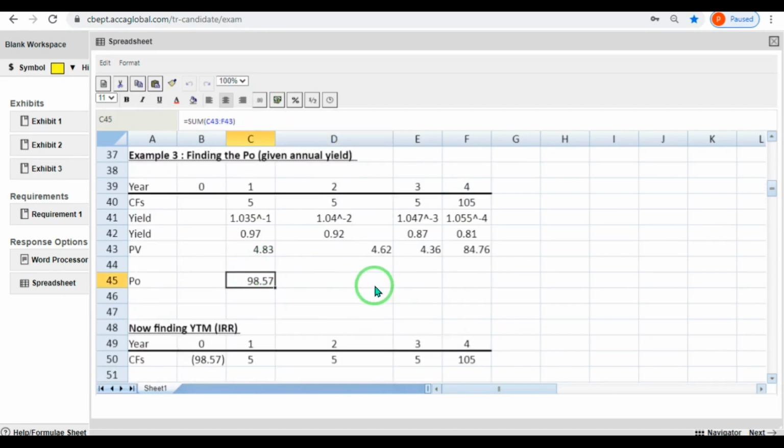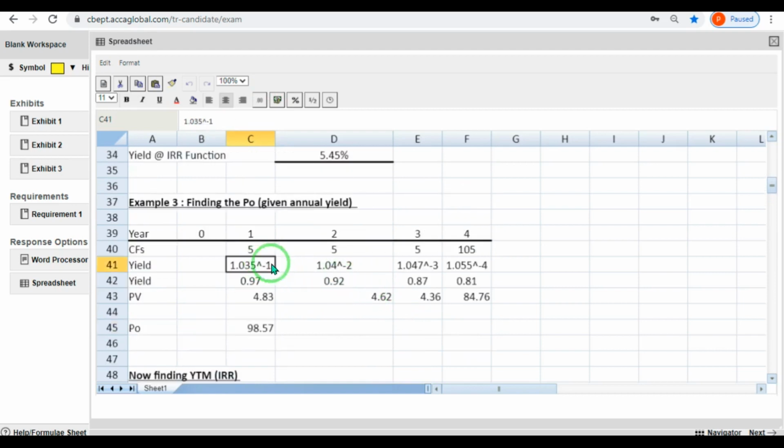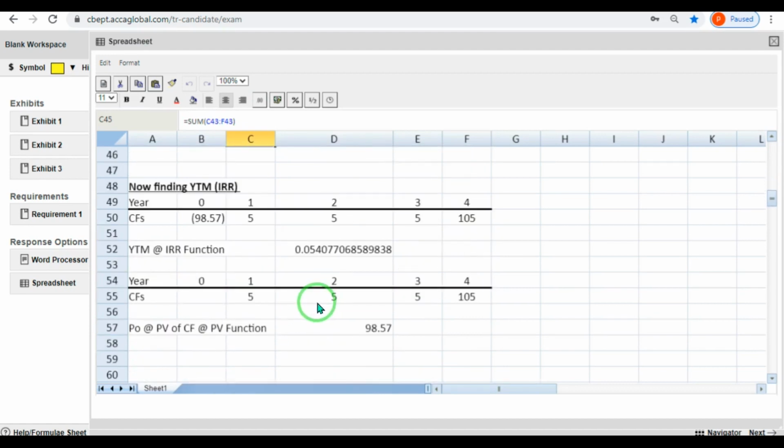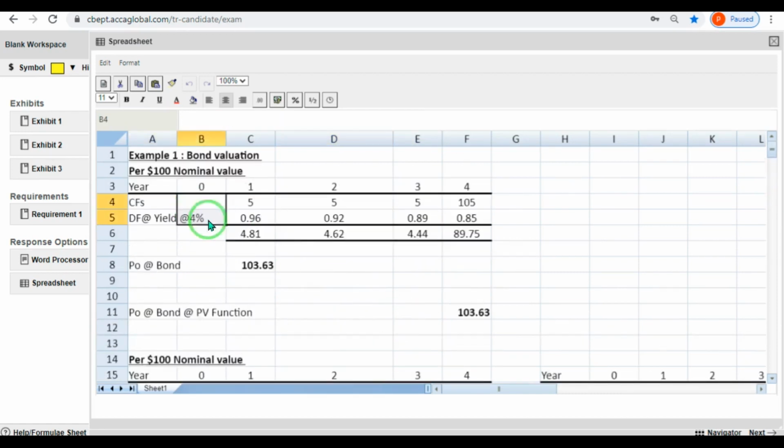If you notice from this example, what you learn here is, if you are given the annual yield, then you can use that to find 98.57, or you can use this yield to maturity to still get 98.57. This is actually going back to example number 1. Example 1 says, if I have 1 yield, I can find the price.